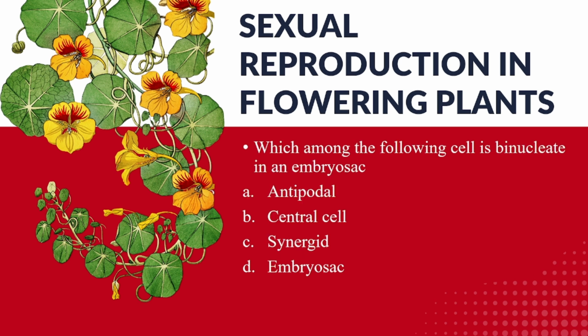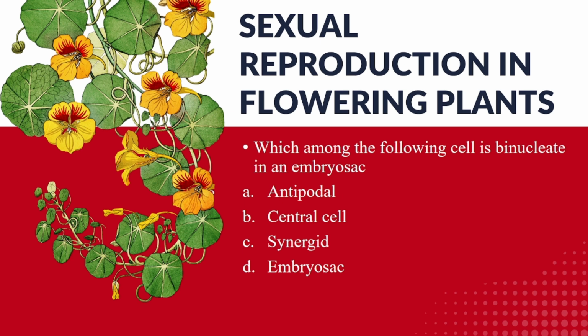Okay. Which among the following cells is binucleate in an embryo sac? Binucleate cell in an embryo sac is what you have to find out. Options are antipodal cells, option B, central cell, option C, synergid, option D, female gamete. If you have studied the structure of an embryo sac, this is very easy for you to crack, right?